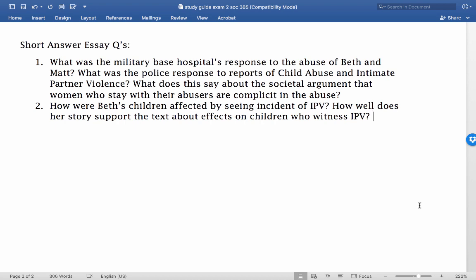So how much is she choosing to be in that situation if the hospital doesn't respond, if the police don't respond, right?